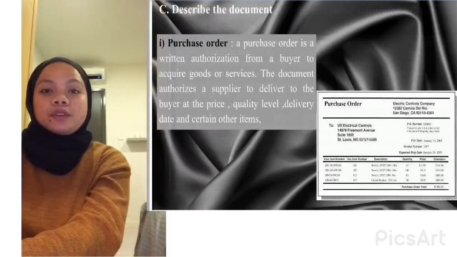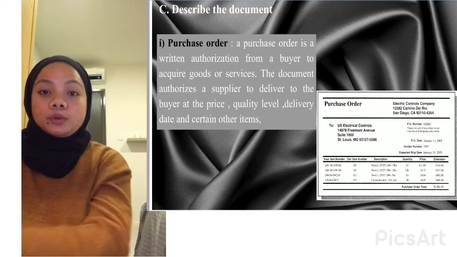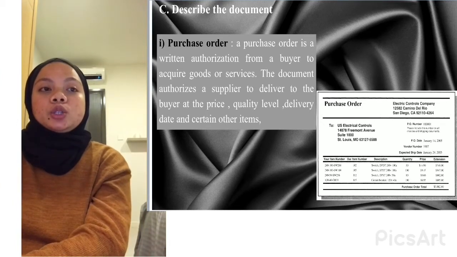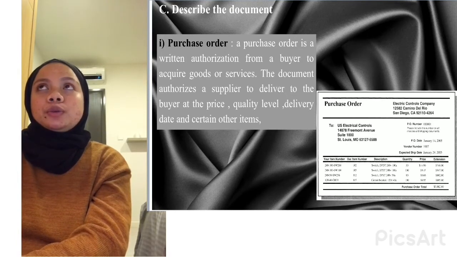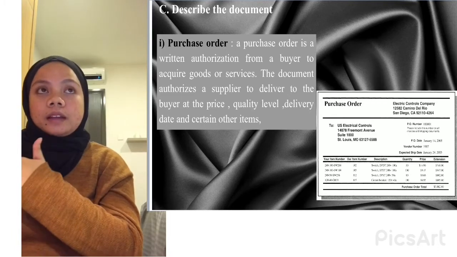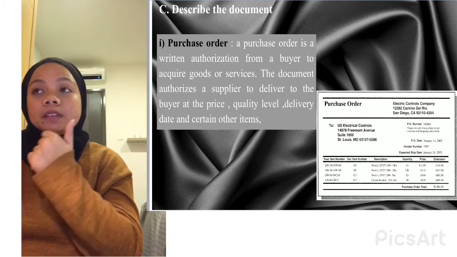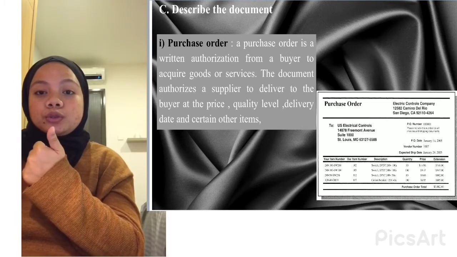For the last question, I'll be asked to describe those documents. Alright, so the first document is the purchase order. The purchase order is actually an authorization document from a buyer to buy goods or services.